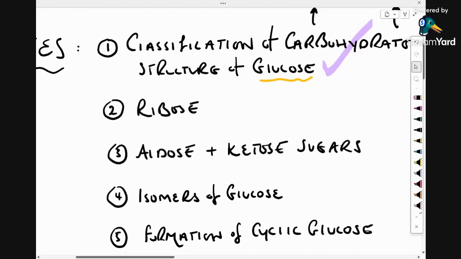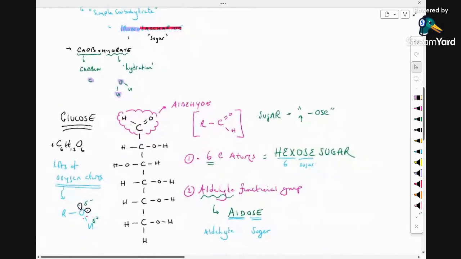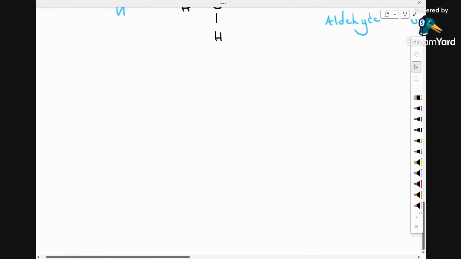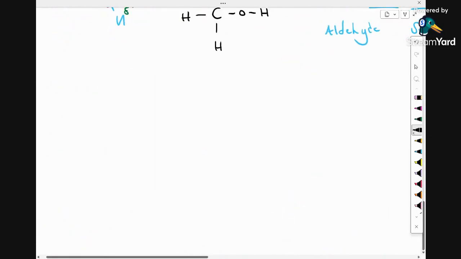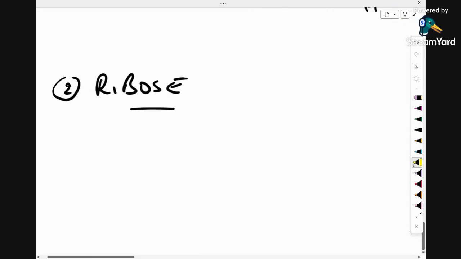What I am now going to do is just mention a sugar now, which is ribose. I'll keep in the same order. I'm going to draw this slightly differently, and you'll see why in a minute. So objective number 2 is we now need to look at ribose. And hopefully you've already picked up on the suffix of this word, ose.